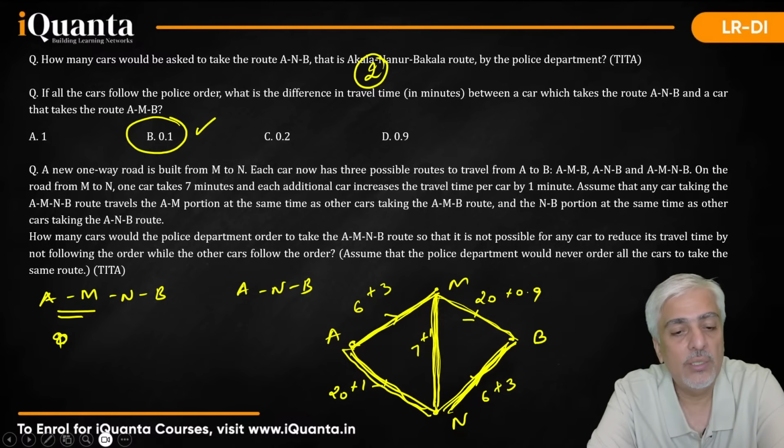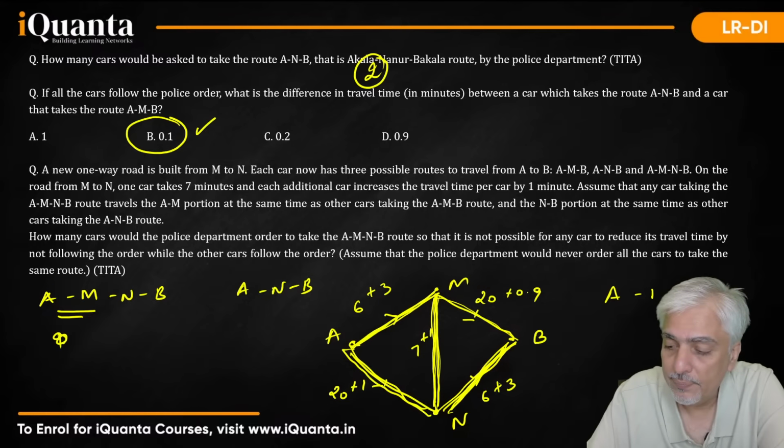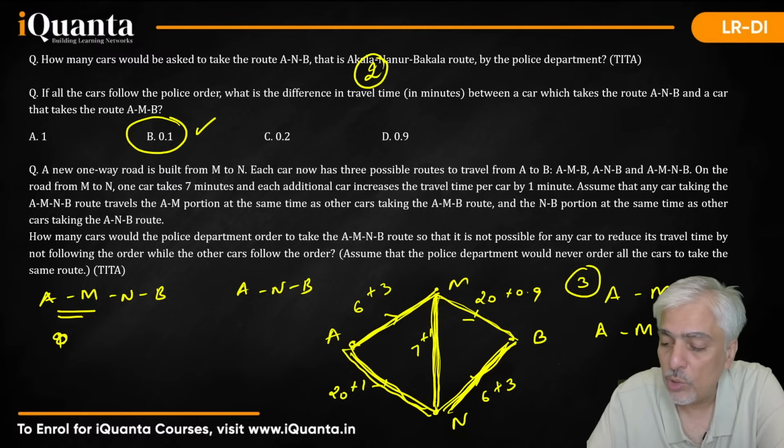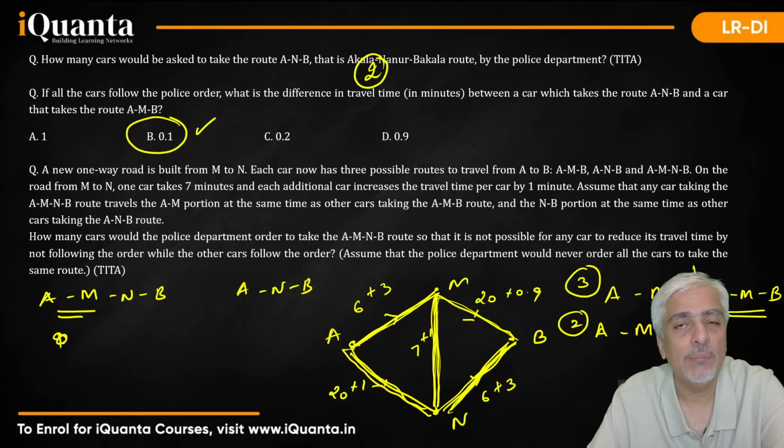And that way you work out. So three cars, out of which two will go A to M to N, and so on. That is the way you work out the maximization problem.